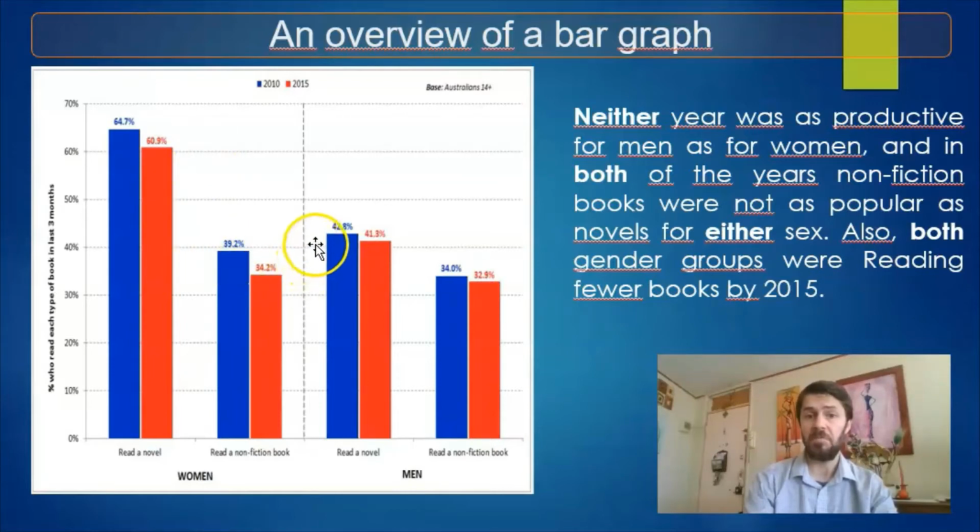And for men, the same. Look, for reading novels, it decreased between 2010 and 2015. And also for reading non-fiction books, it decreased in both between 2010 and 2015. Okay, and well, here we're focusing on the language especially. Okay, so notice how we can use neither, both, and either, right, to show that categories are similar.